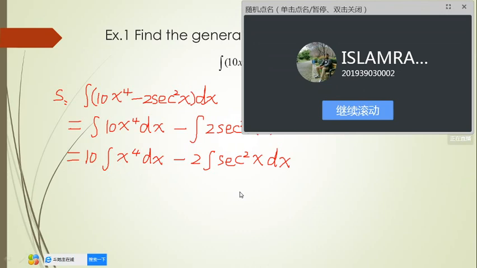Okay, Majid gave us the answer, right? So he said the first one, let me change. Okay, so the first one should be 10. We keep the constant 10, and then the indefinite integral. Be careful, okay, Majid. As I said, maybe some other students will have the same answer as Majid.